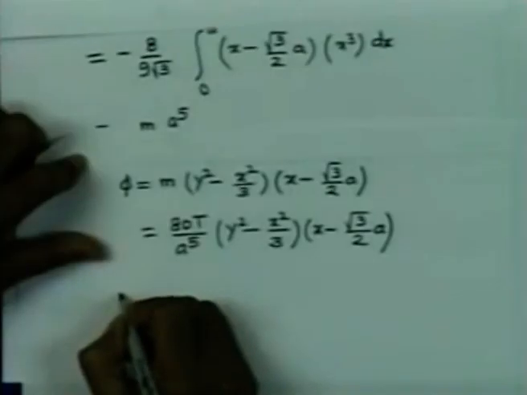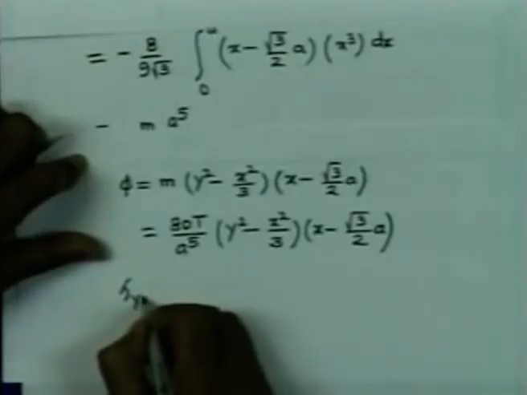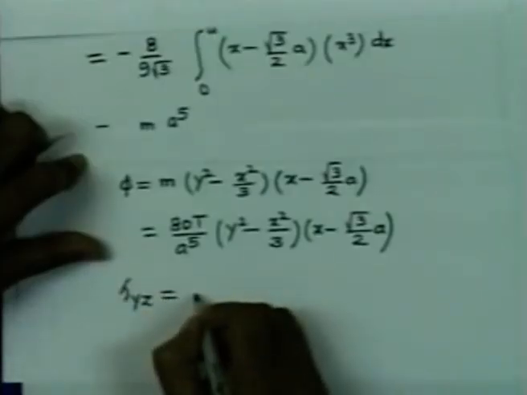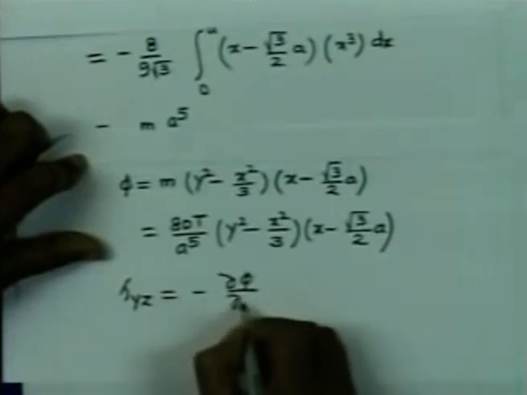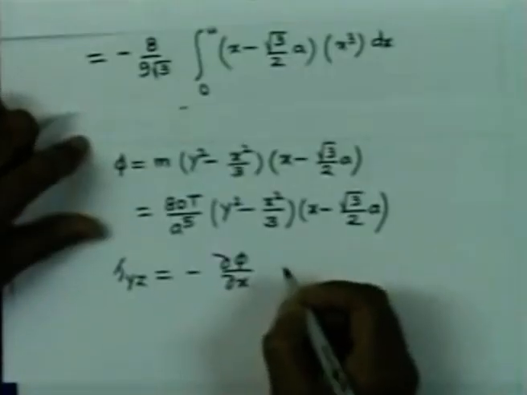Let us calculate the stress tau yz, which is given by minus delta phi by delta x.